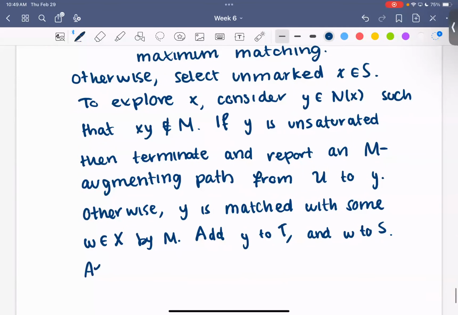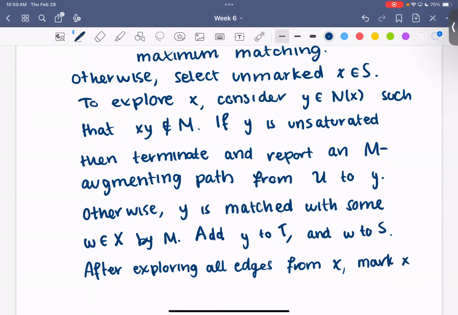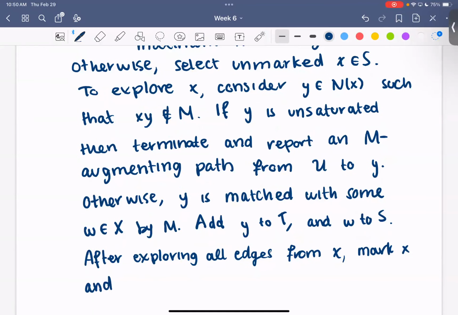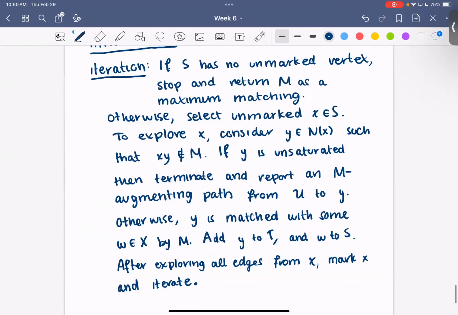So after exploring all edges from X, then I will mark X and iterate. Okay, so that's the algorithm.